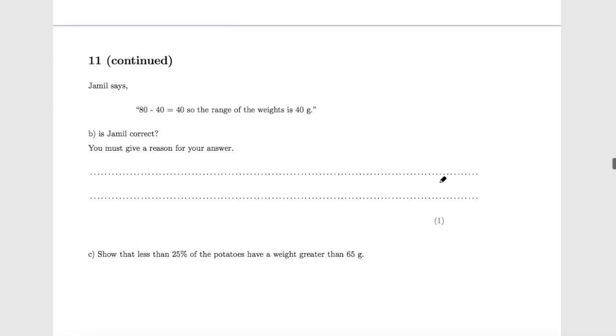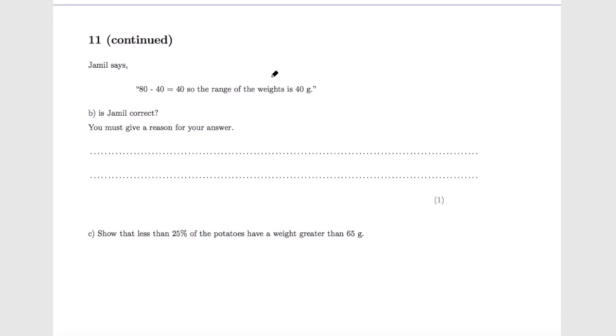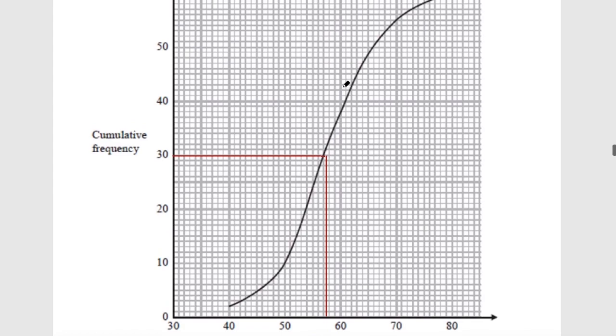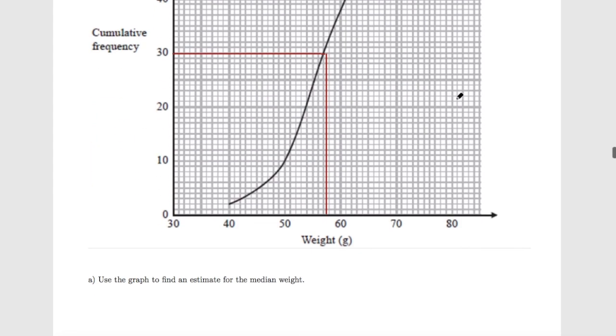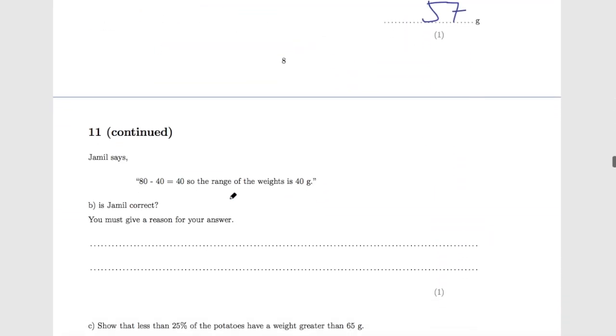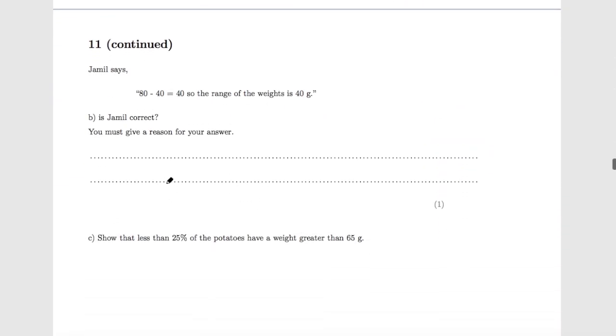The second part of this question says, Jamil says 80 minus 40 equals 40, so the range of the weights is 40 grams. Is Jamil correct? You must give a reason for your answer. The problem with this graph is that we can't be certain that the maximum is exactly 80 and the minimum is exactly 40. So we're not sure that he could be correct.